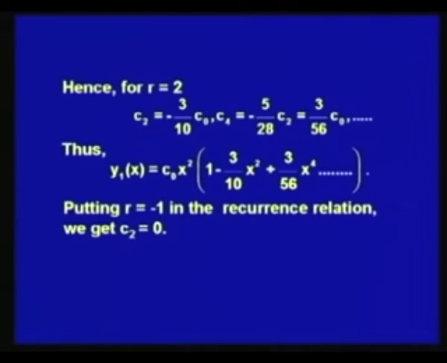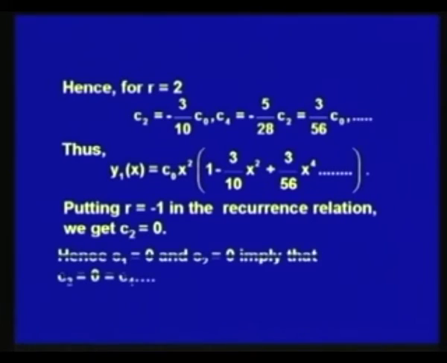Now, next let us put the other value of r, that is r equal to minus 1, in the recurrence relation. We can see that from the recurrence relation C2 becomes equal to 0 for this value of r. Thus, now we have C1 equal to 0 and C2 equal to 0, because C1 equal to 0 we got for both values of r, r equal to 2 as well as r equal to minus 1, and C2 comes out to be 0 for r equal to minus 1.